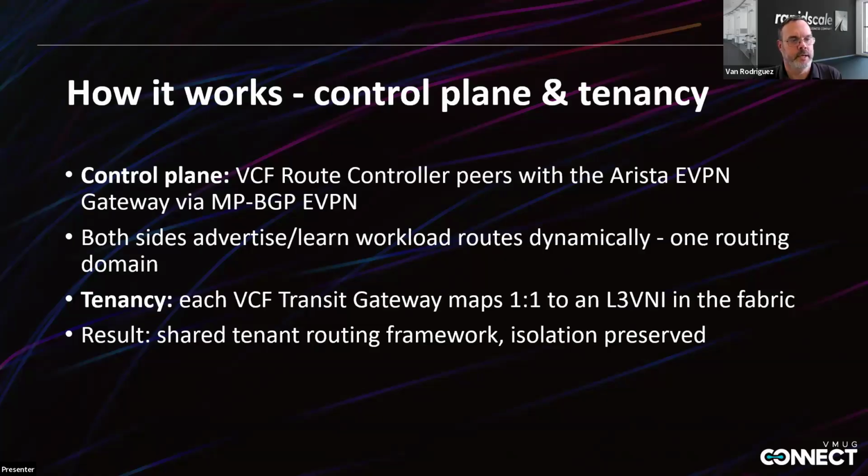And then as you build out, you build your tenant environments with the VCF transit gateways, and you map those one-to-one with your layer 3 VNIs into the fabric, so that you can utilize those links that you have from your host up to your top of rack switches. Next slide, Alan.